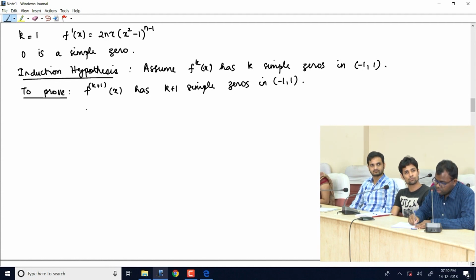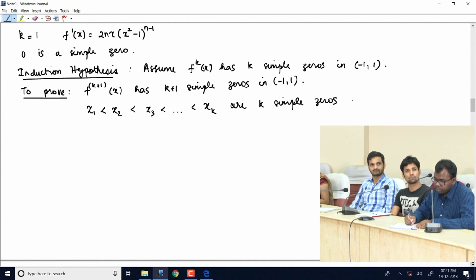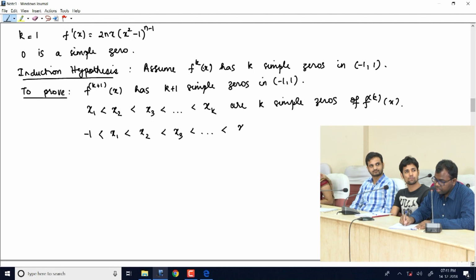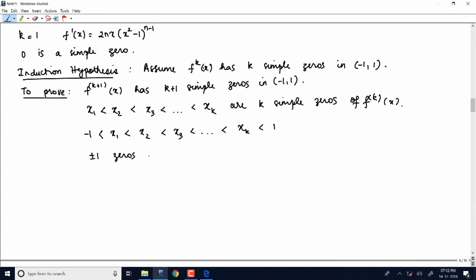Assume x₁ < x₂ < x₃ < ... < xₖ are k simple zeros of the kth derivative of f in the open interval −1 to 1. From here we can write −1 < x₁ < x₂ < x₃ < ... < xₖ < 1. ±1 are zeros of multiplicity n − k.